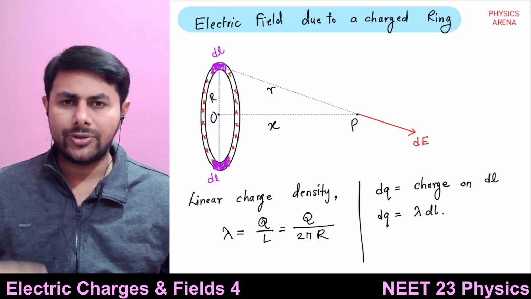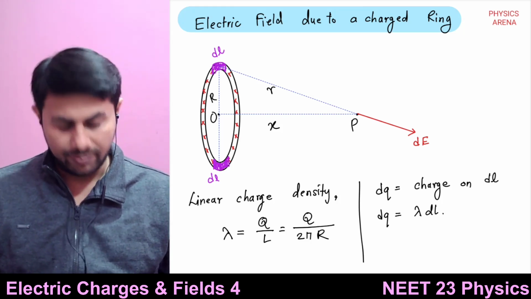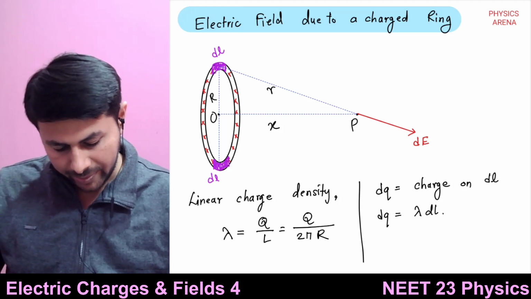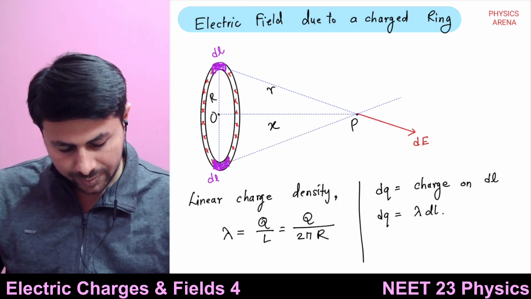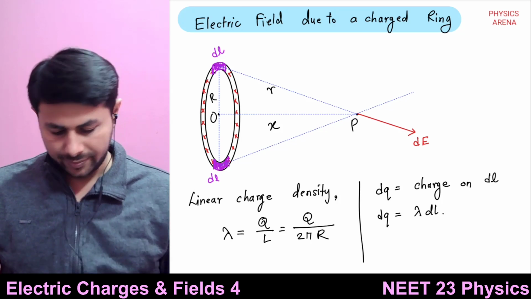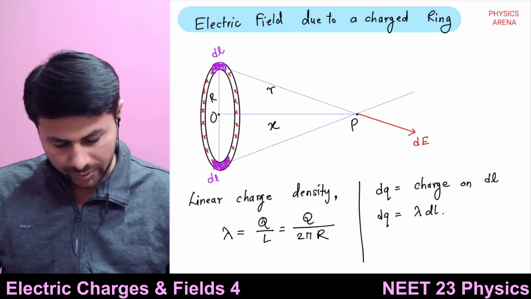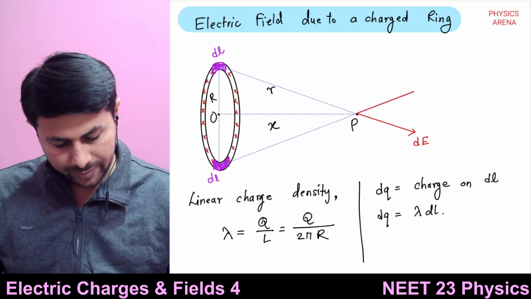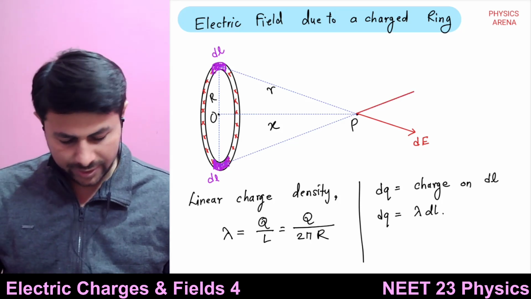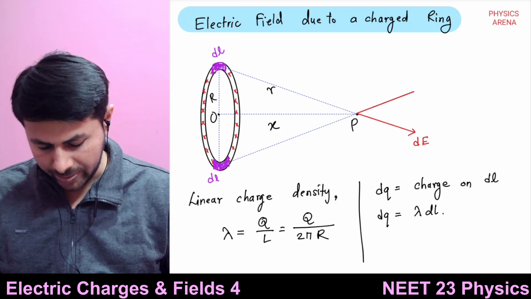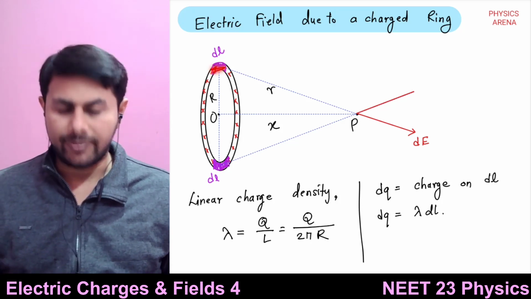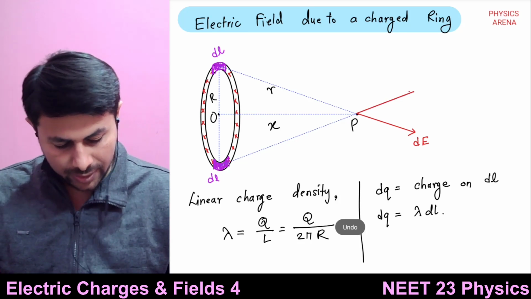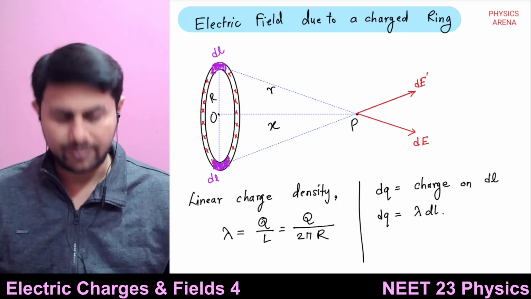So it will produce the same amount of electric field, but its direction would be different. That electric field would be directed along this line, and its magnitude would be the same as the electric field produced by the other length element. Let's call this one dE prime.